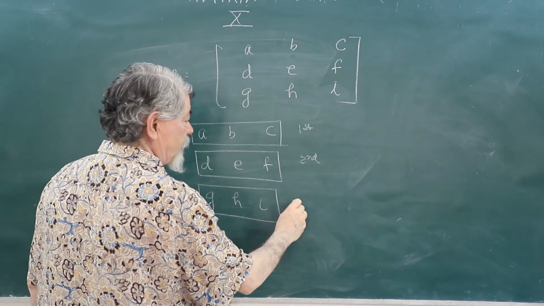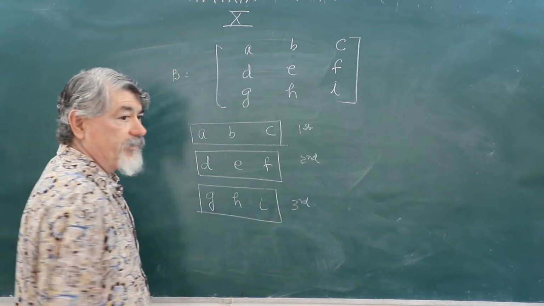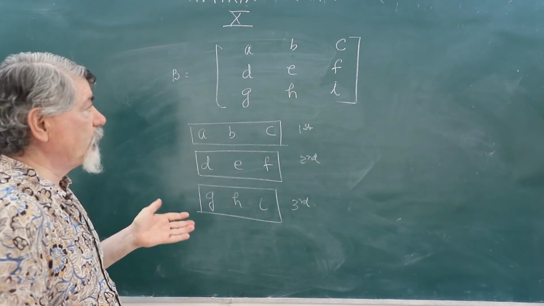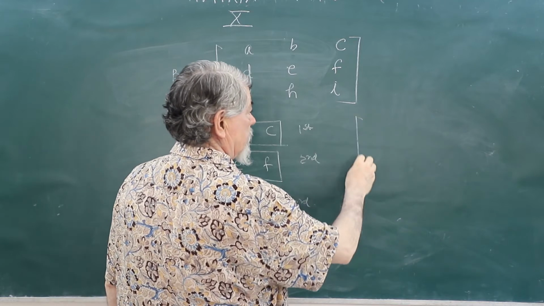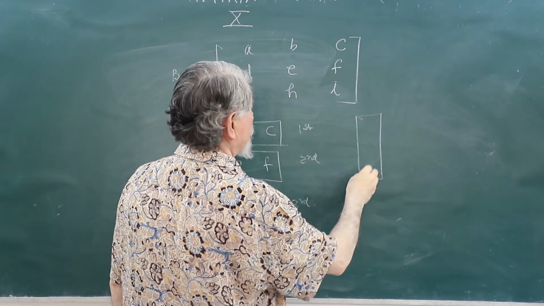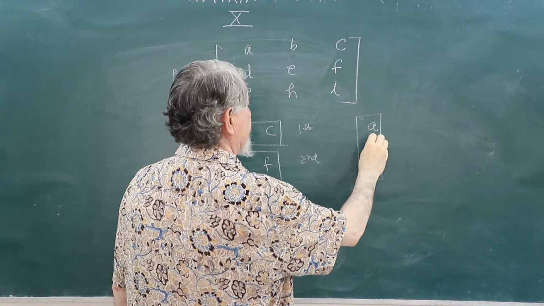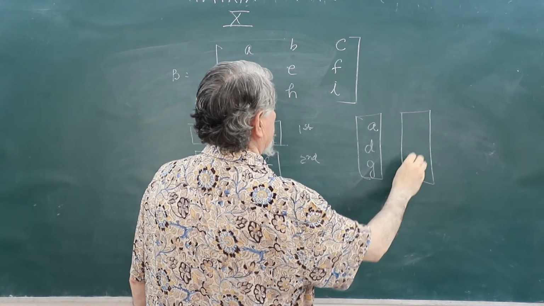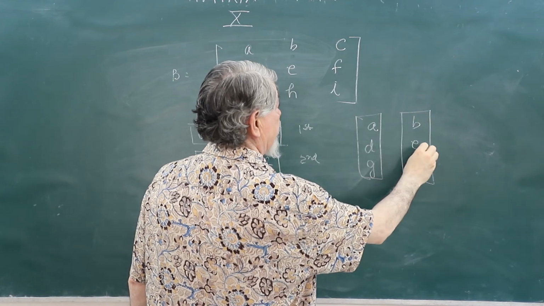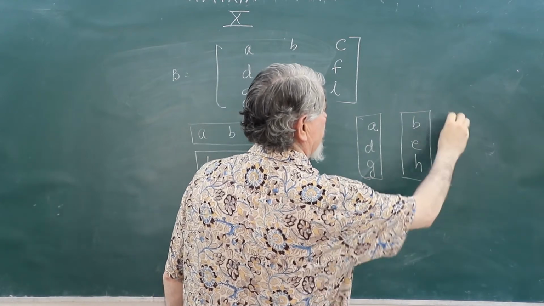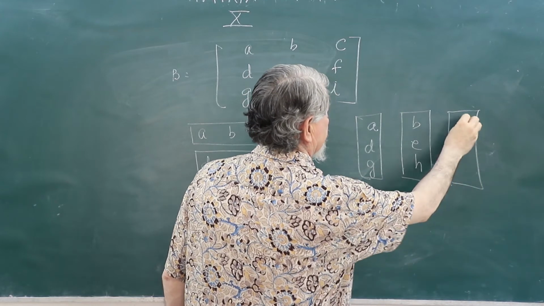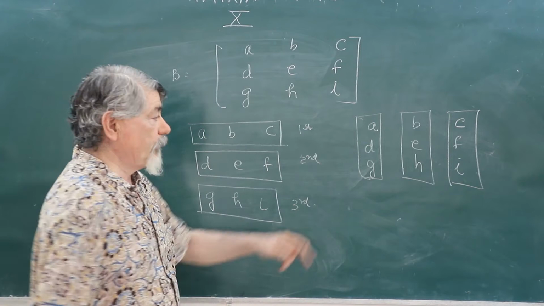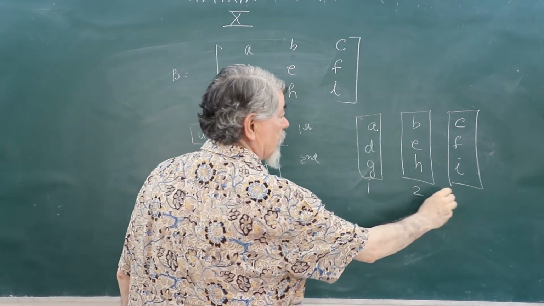So I have 3 rows here. And how many columns do I have? I have 3 columns. What are the columns? A, D, G, then B, E, H, and C, F, I. This is the first column, second column, third column.